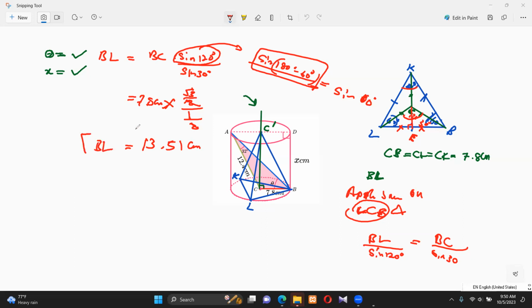BL equals 13.51. Not only BL, but also KL and BK, all these three sides are equal with each other because it's an equilateral triangle, right?